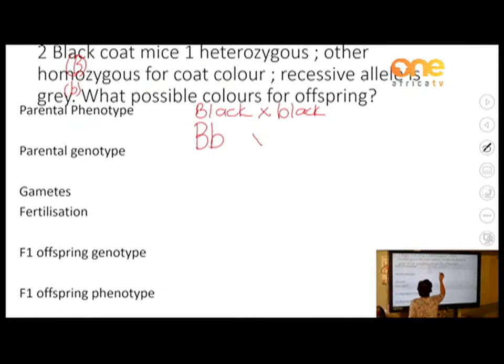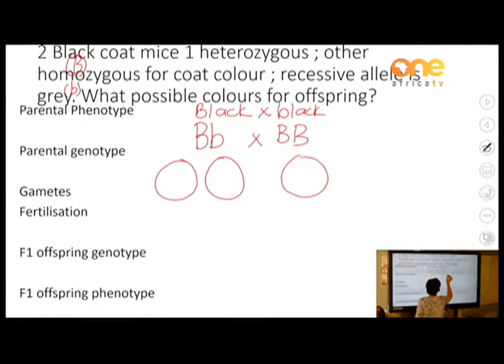And the other one is homozygous. Now there will be gametes. Immediately I draw circles with capital B and small b. If this is the male, this will become sperm.